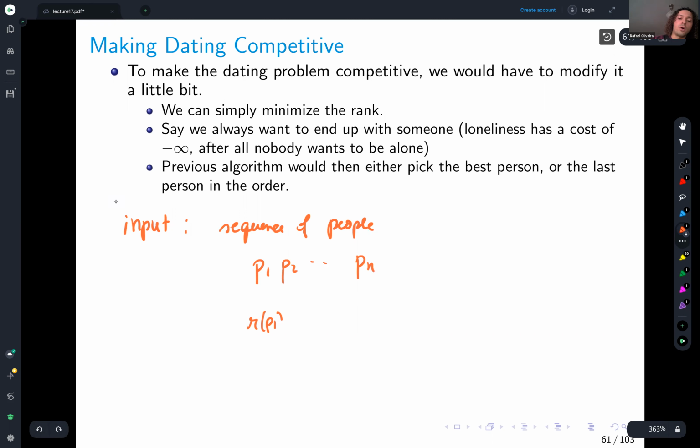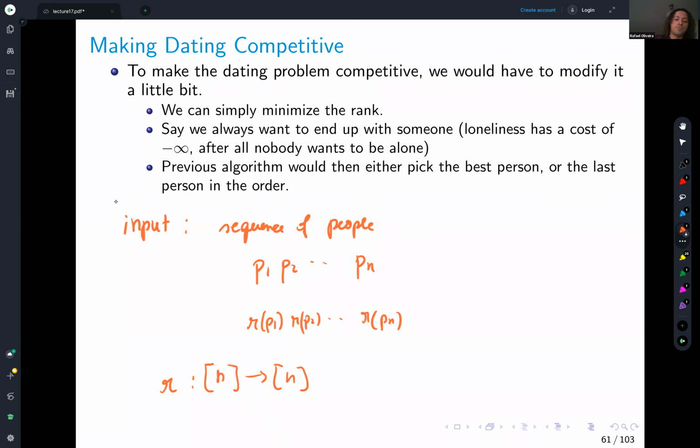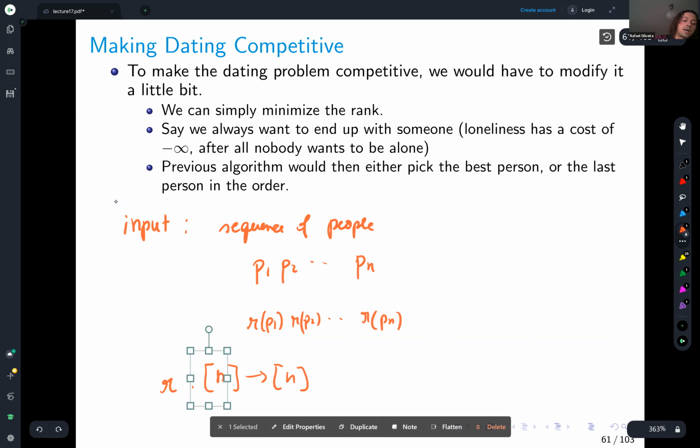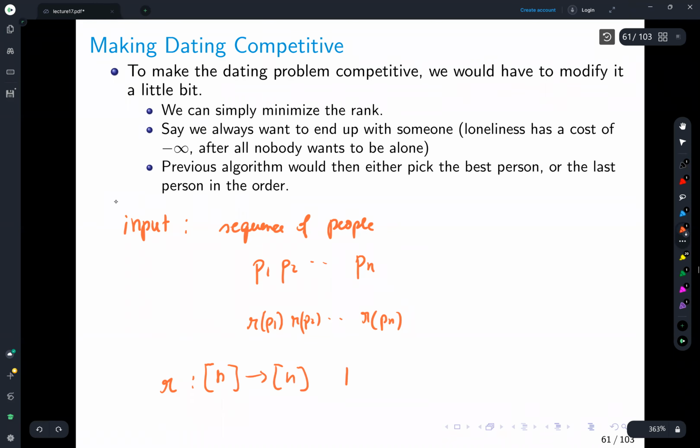The ranking of person 1, ranking of person 2, and ranking of person N. Now, all you know is the rank function, which goes from the people up to N. You can rank them, but you don't actually know it. So we have a comparison function between two people.